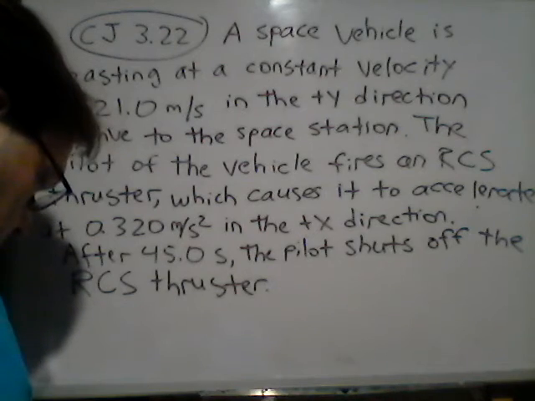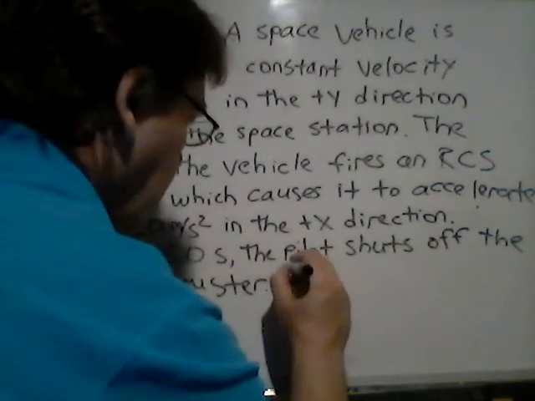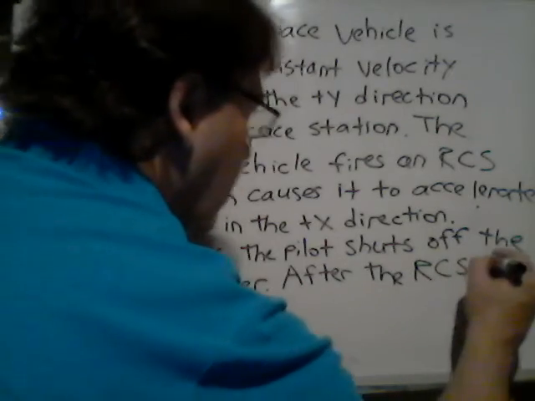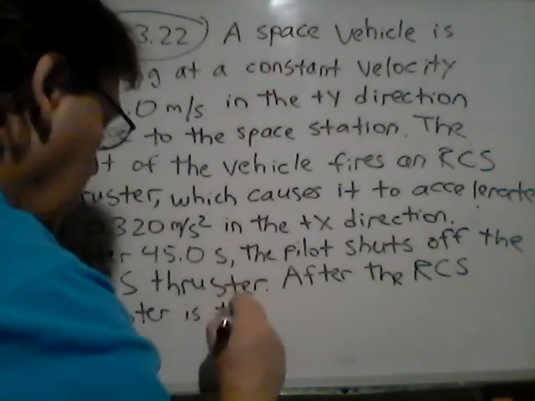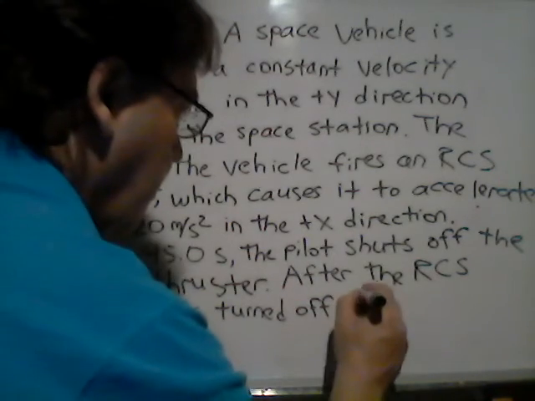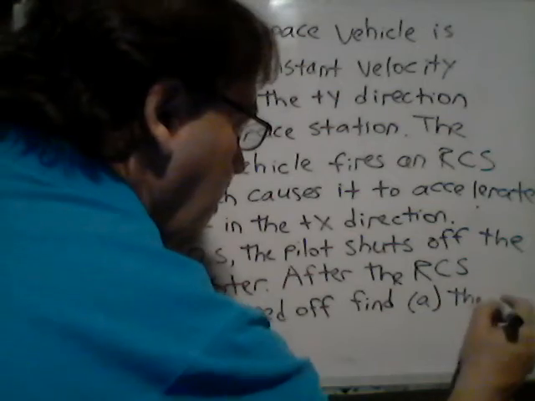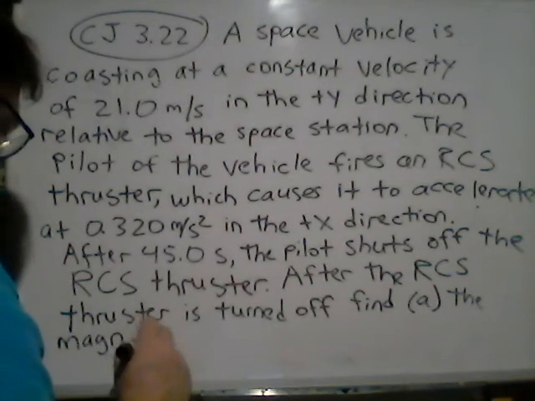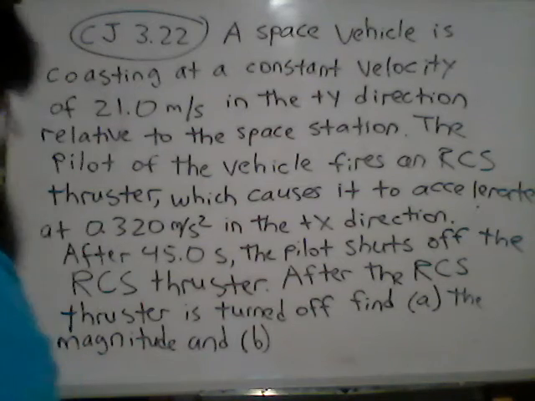After the RCS thruster is turned off, find A, the magnitude, and B, the direction of the vehicle's velocity relative to the space station.